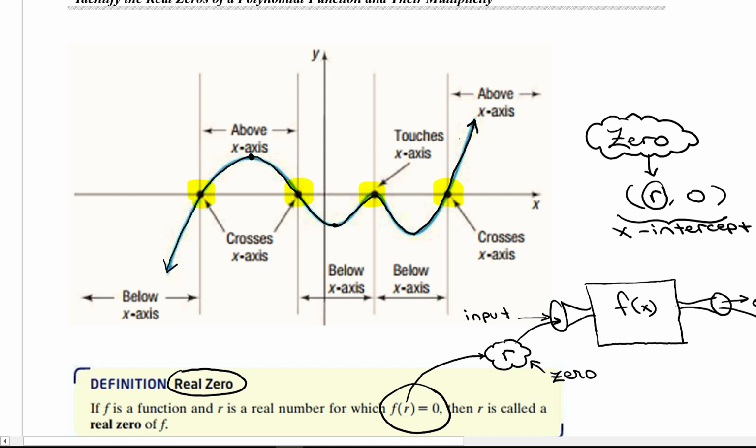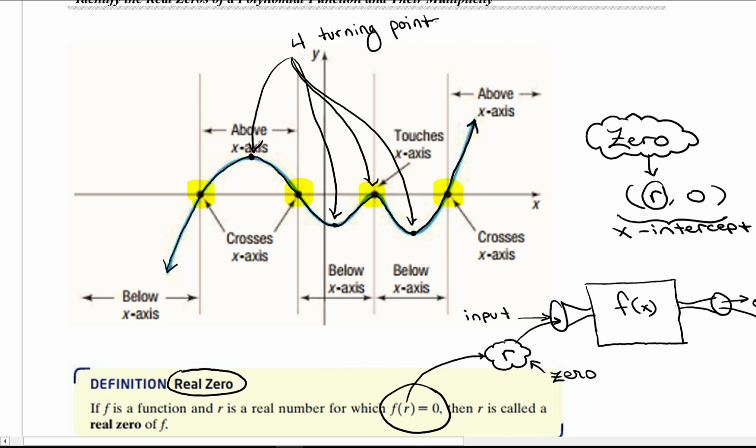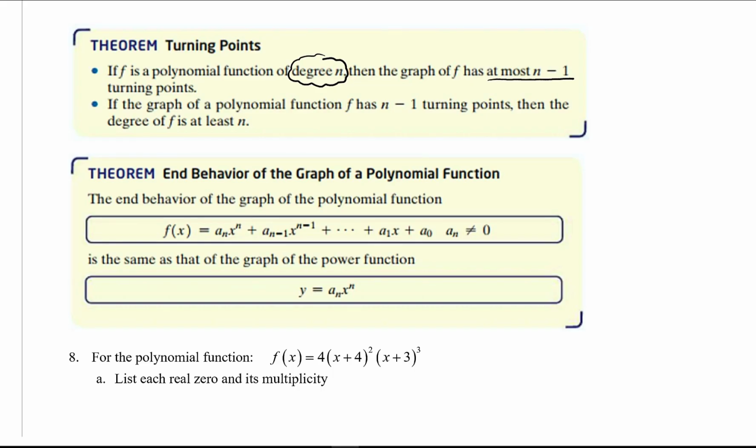So if we were to count all the turning points in this particular graph, we have 1, 2, 3, 4 turning points where it changed direction, where it went from either increasing to decreasing or decreasing to increasing. So that's what we call a turning point. So I could tell you that this polynomial, because it has 4 turning points, then the least degree that it could have is a 5.